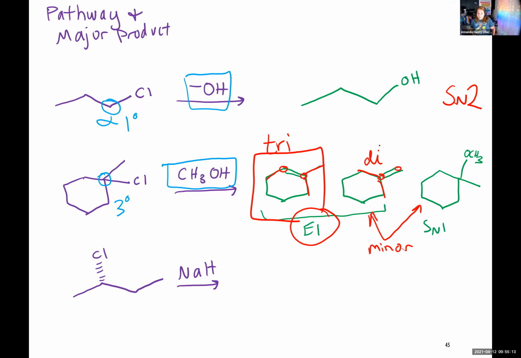And so if we can make tri or tetra, that will be our major product. If that tri-substituted one wasn't an option, then our Sn1 would be the major product. So if we were to rank these, this one would be in first place, this one in second place, and then that one in third.